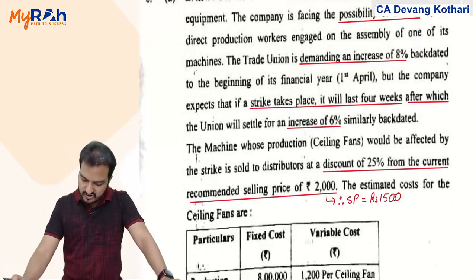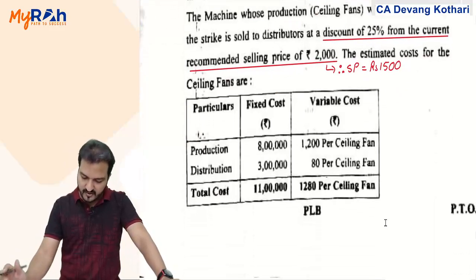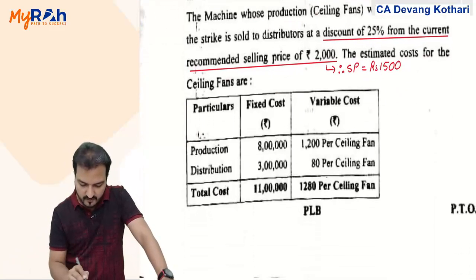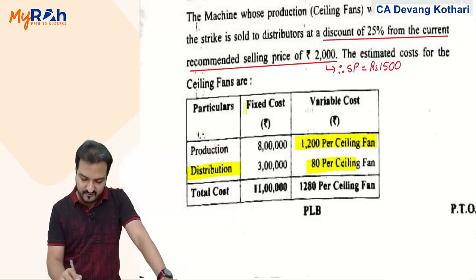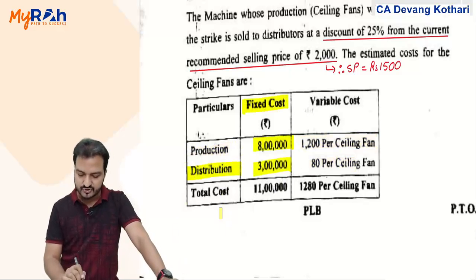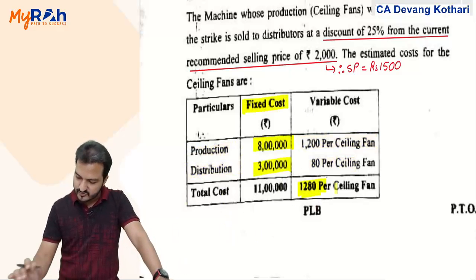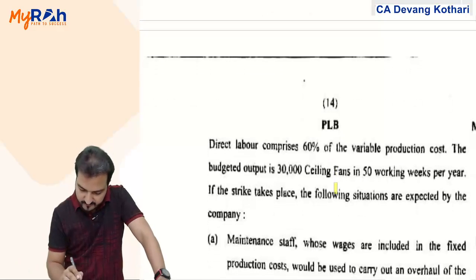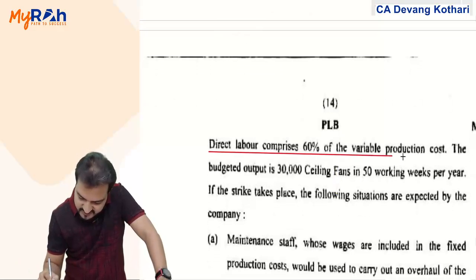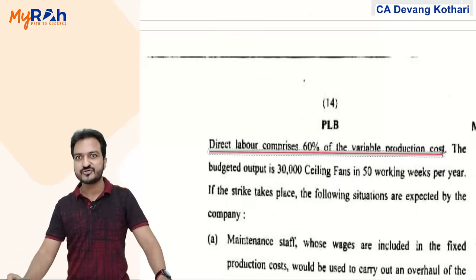The estimated cost of that ceiling fans are given here. You are given production cost 1200 variable, 80 variable is distribution cost, and fixed cost is production 8 lakhs and distribution 3 lakhs. Total variable cost 1280. Further, the direct labor comprises 60% of variable production cost.